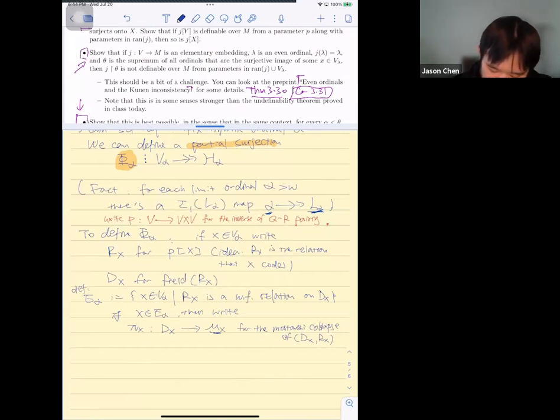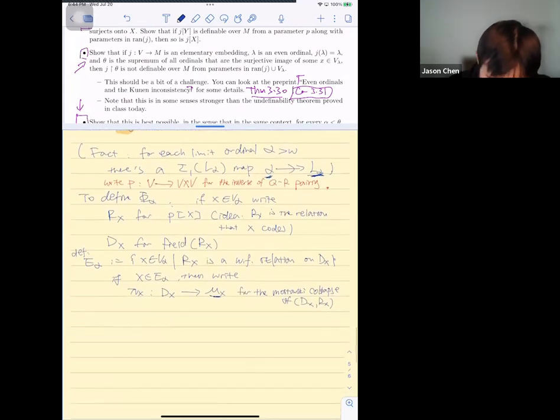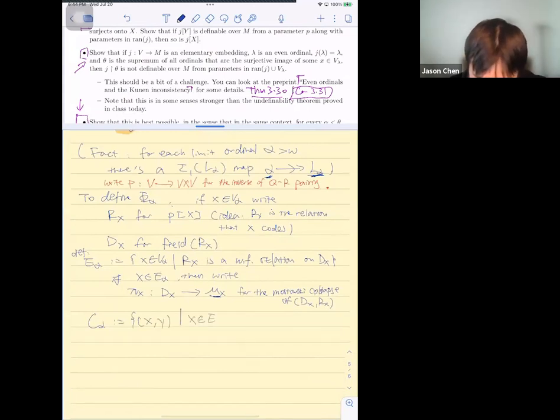Now collecting everything that we defined so far, we write C alpha to be the set of ordered pairs x, y such that x is in E alpha and y is in dx. So what is the intuition? C is a set of ordered pairs.